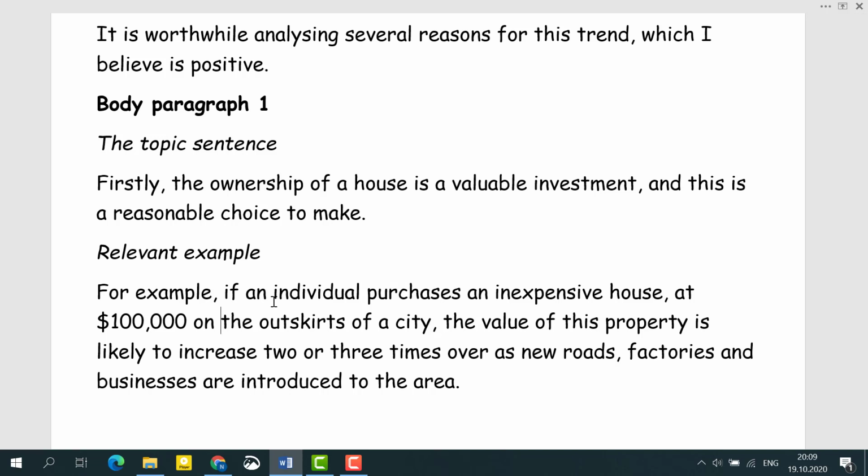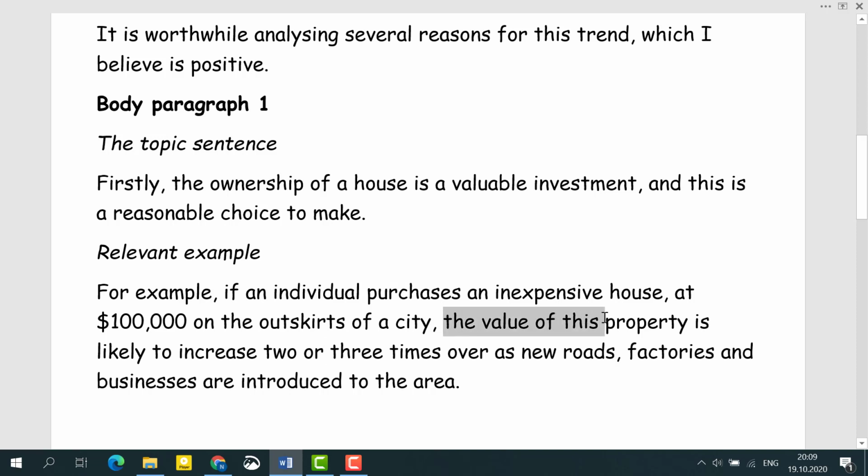So try to avoid using personal pronouns. So if an individual purchases, which means buys, an inexpensive house, and here I'm just indicating the price at $100,000 on the outskirts of a city. On the outskirts means it's not the center of the city. It's far away from the city center.